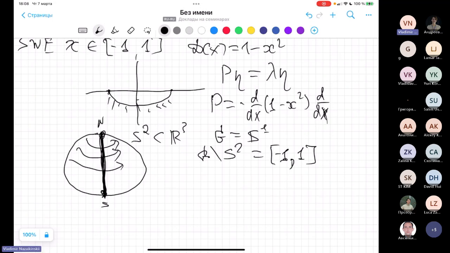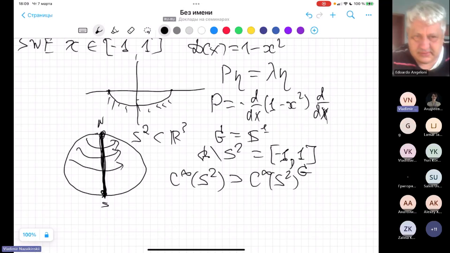Next, we can consider the space C infinity of S2 of smooth functions on the sphere, and it contains the subspace of functions invariant under the action of the group G, and this subspace is naturally identified with the space of functions on the interval (-1, 1).